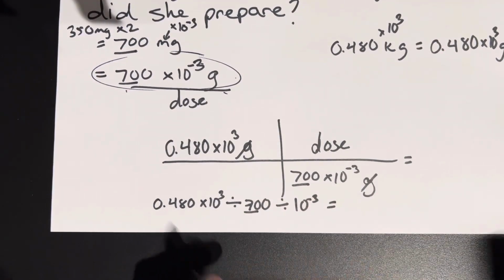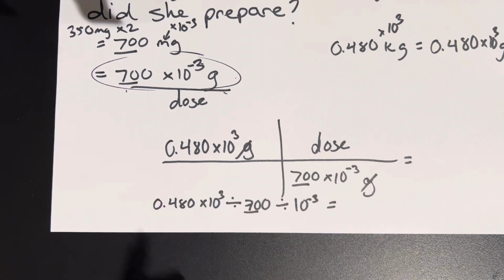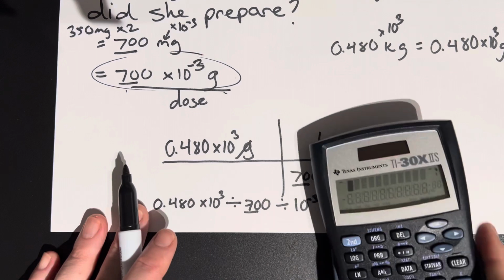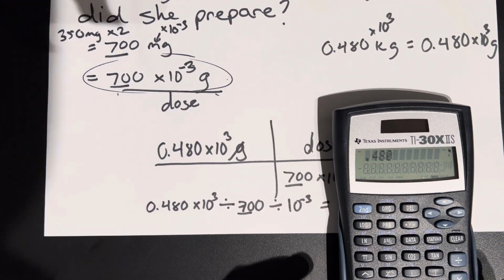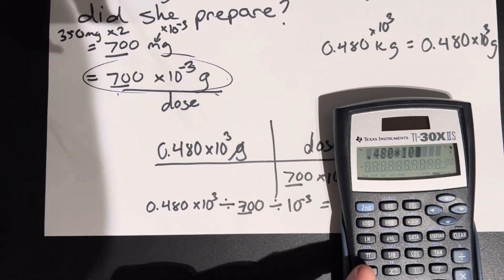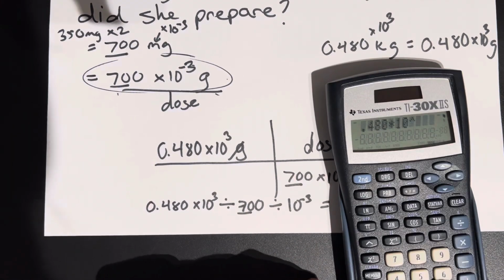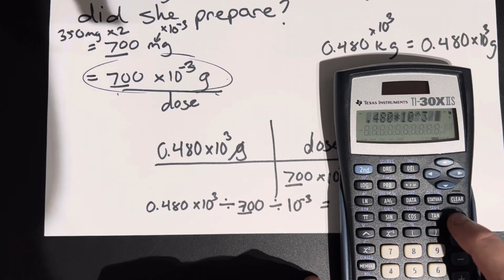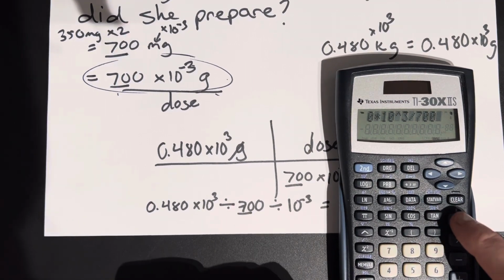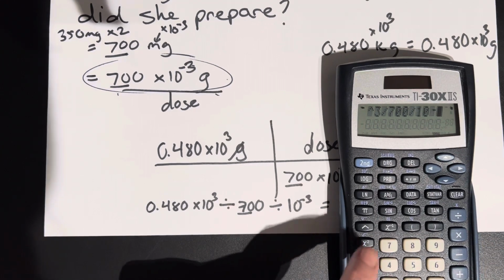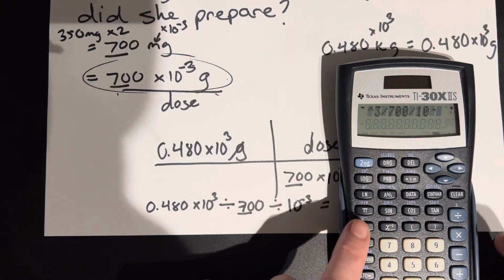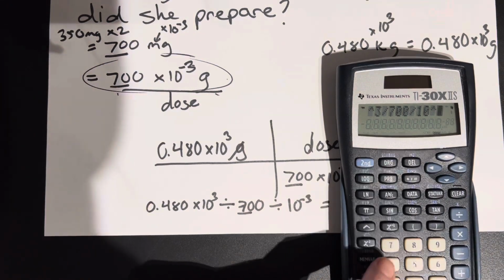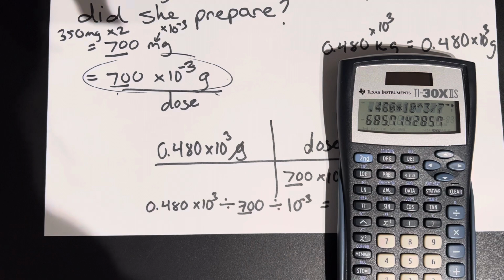Now you could do a good amount of this in your head by using the exponent multiplication and division steps that we talked about, or you can just enter it in the calculator. I'll show you how I would enter it. I'd say 0.480 times 10 to the 3rd divided by 700 divided by 10 to the, excuse me, I think I hit, yep, 10 to the negative 3rd, and then hit enter.